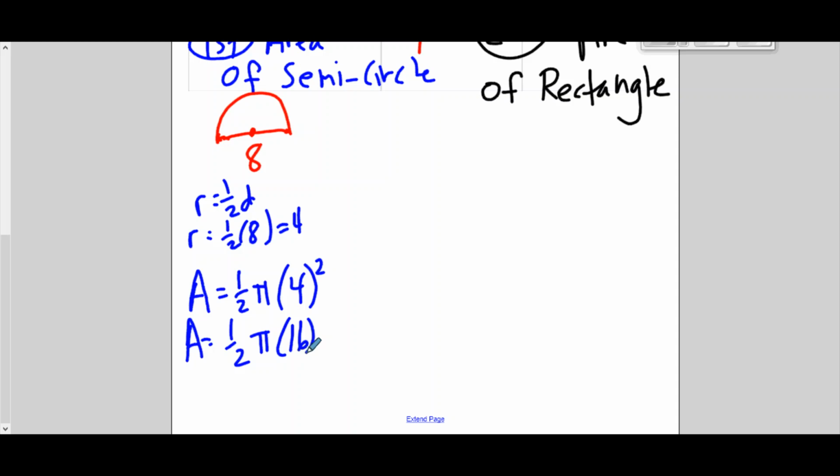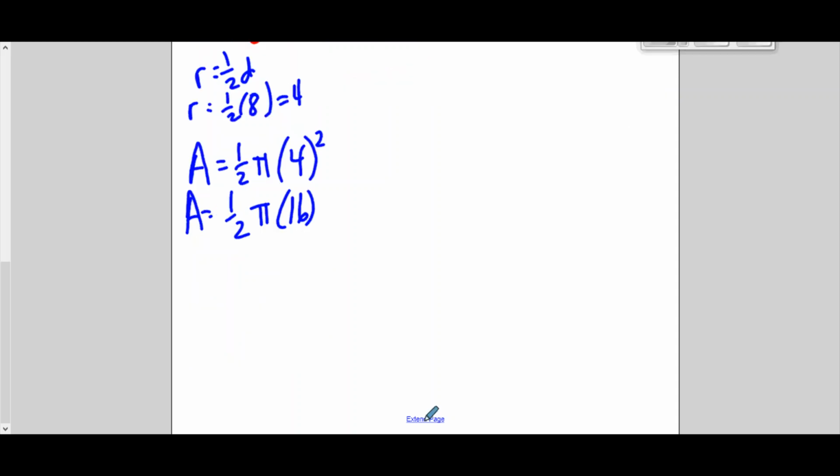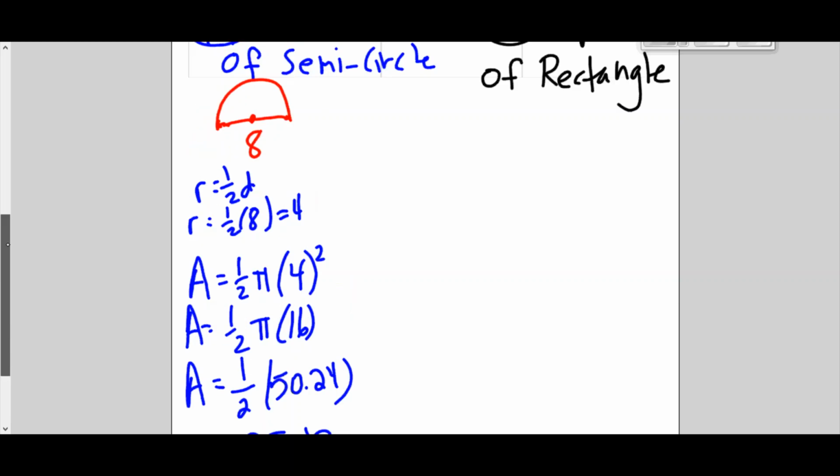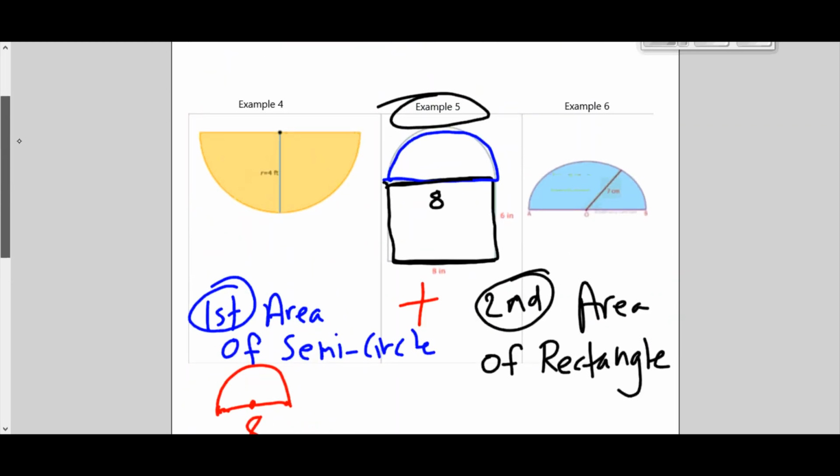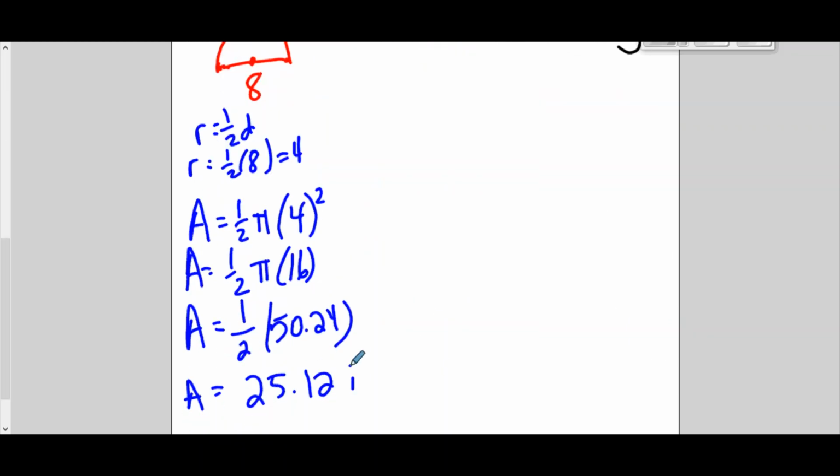So if we plug that in the calculator, we're going to get area equals 1/2 of 50.24. Divide that by 2, and you get 25.12. And that is inches squared. So that's the first area.